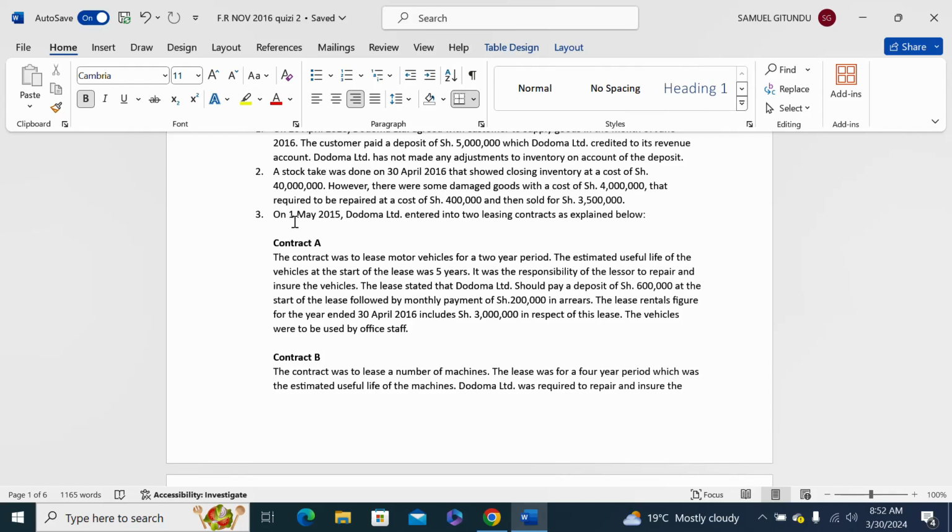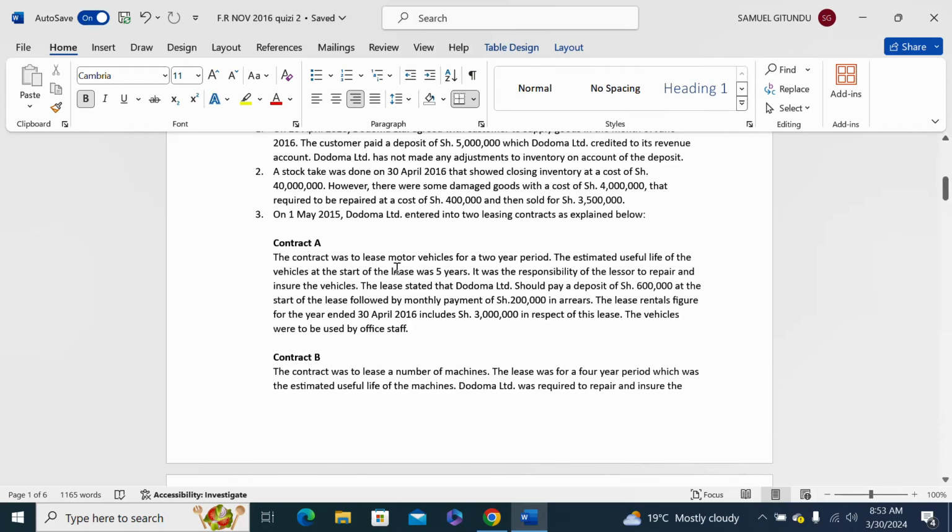Therefore, this lease we are going to account for using IAS 17 because this is a question of 2016. But when we come to the questions of 2019, that is from January 2019, we will now be using IFRS 16. Understood?